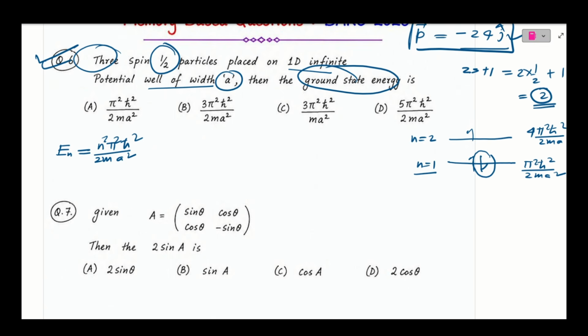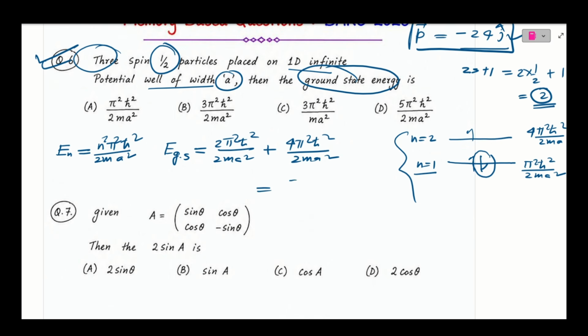Okay, fine. So what will be the total energy for this configuration? Two particles in the lower state, with the corresponding energy as this, and one particle here. So ultimately, for this system, what will be the ground state energy? That is 2 particles in the lower state, so 2 times pi squared h cross squared divided by twice m a squared, plus 1 times 4 pi squared h cross squared divided by twice m a squared.